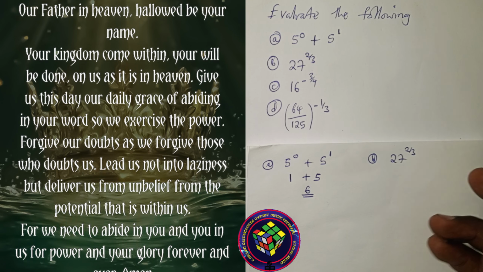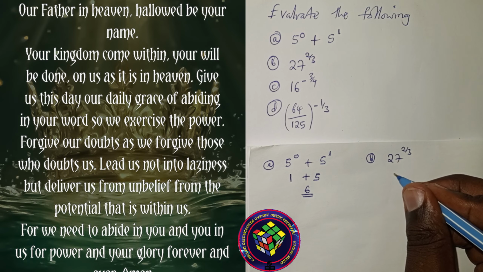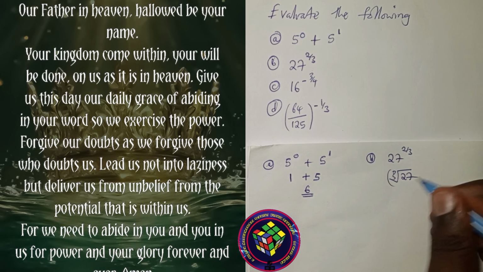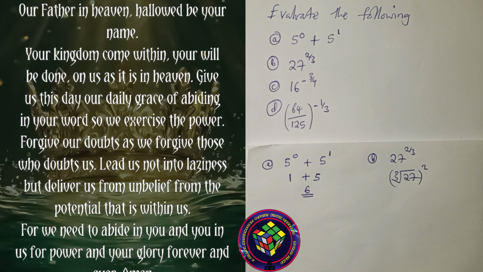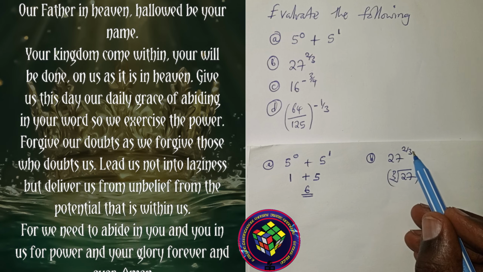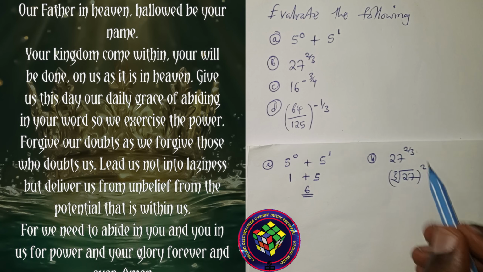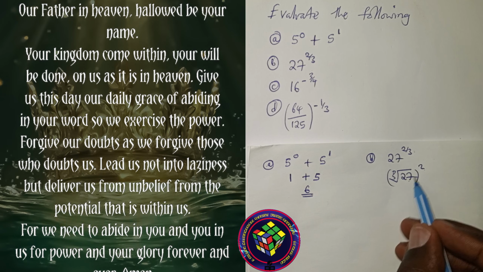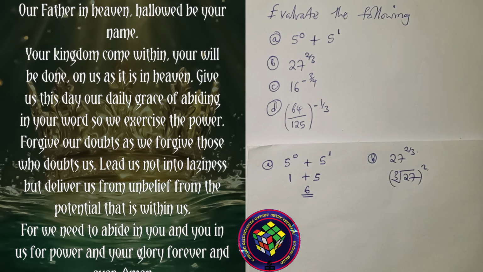That is third root, cube root. So we are going to have cube root of 27, then to the power 2.